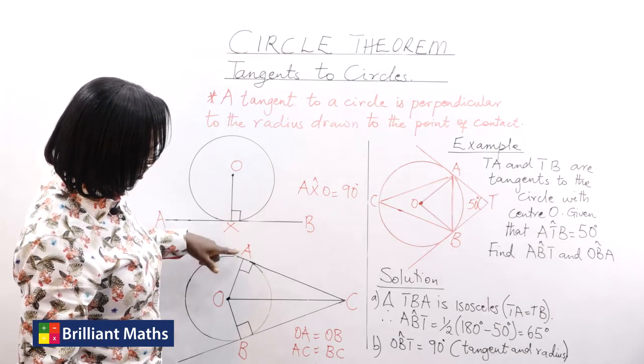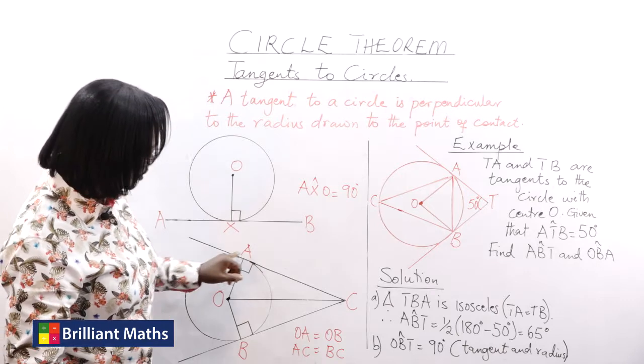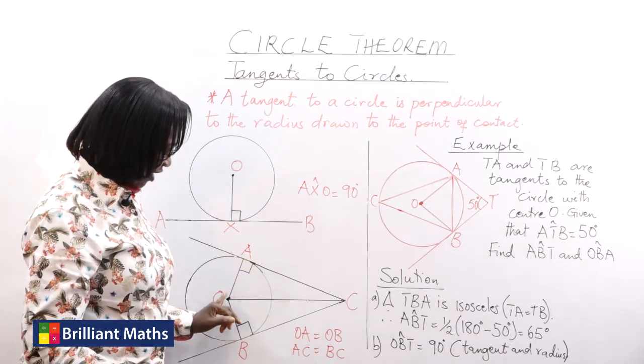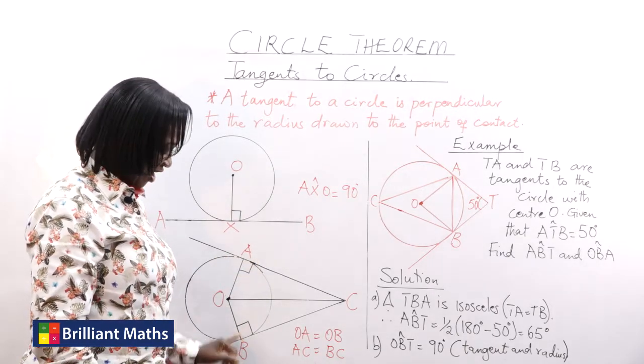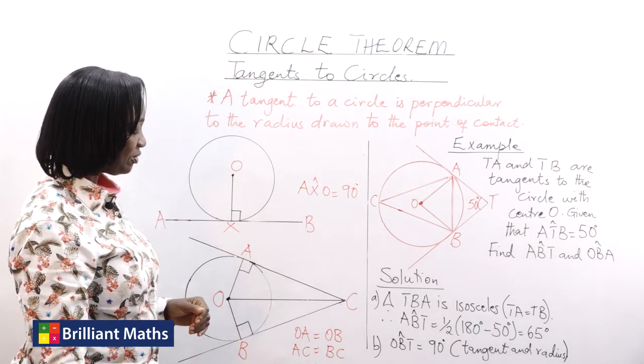The radius makes 90 degrees with the tangent at the point of contact. So this angle is 90, and also the angle at B here is also 90 degrees based on this rule.